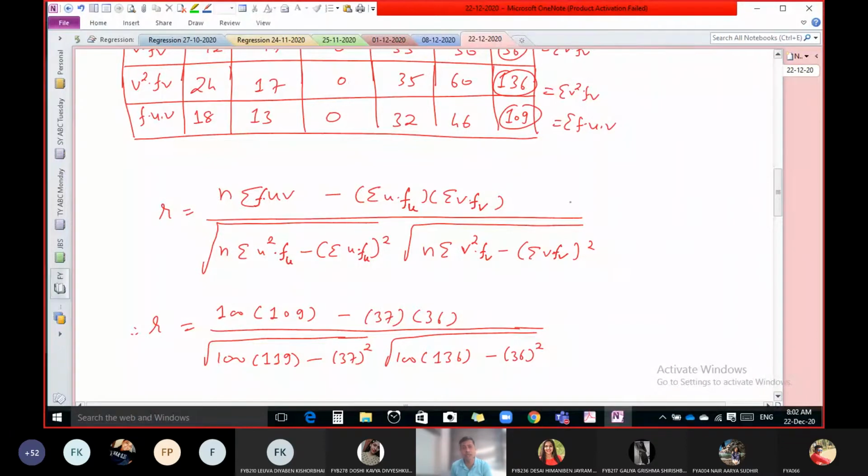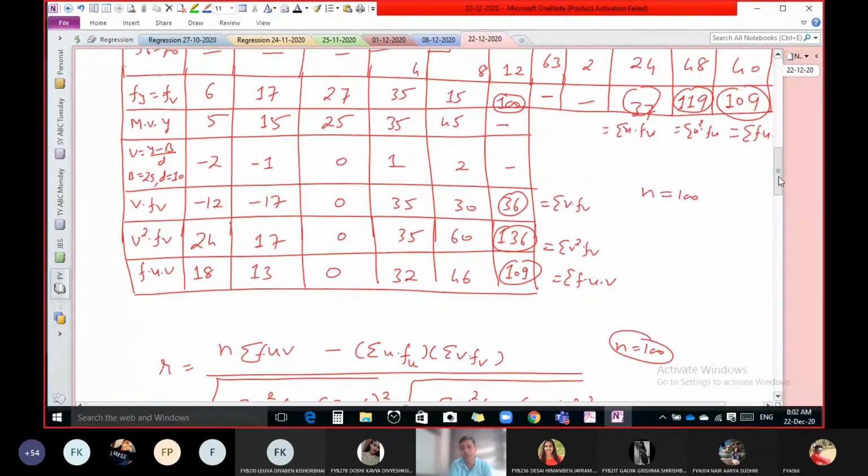Here n means total number of observations, so we know that the total number of observations is 100. Sigma f into u into v is nothing but 109, so just write 109 here. Sigma u into fu is 37, sigma v into fv is 36.